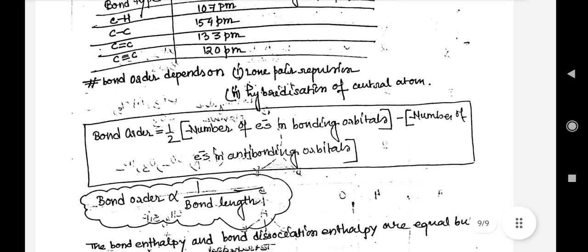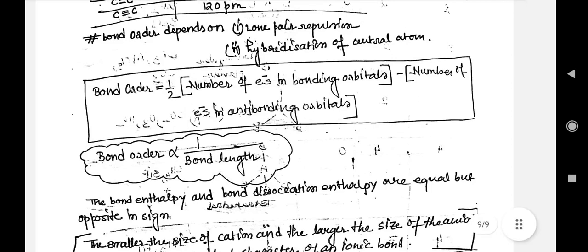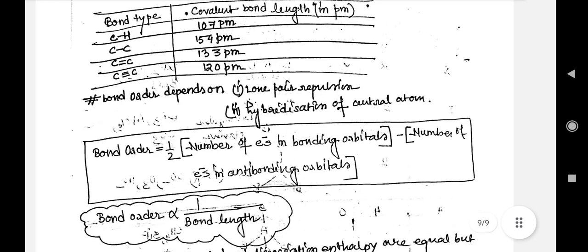If bond order is low, then obviously bond strength is low and bond length is high. Okay, the bond enthalpy and bond dissociation enthalpy have equal values, but their signs are different. If one is plus, the other is minus. And always consider bond order.